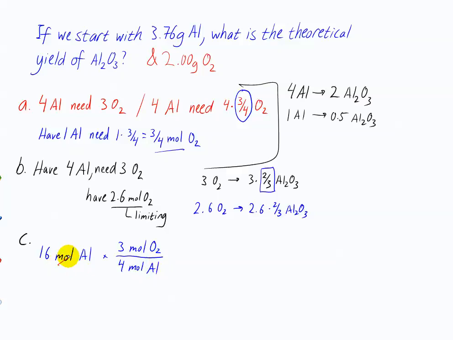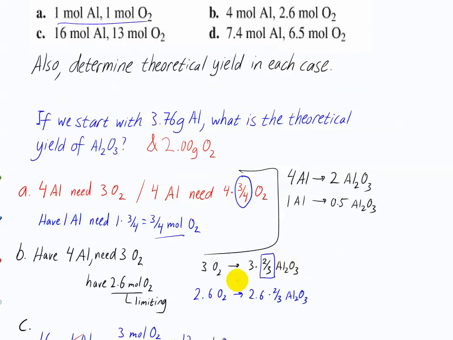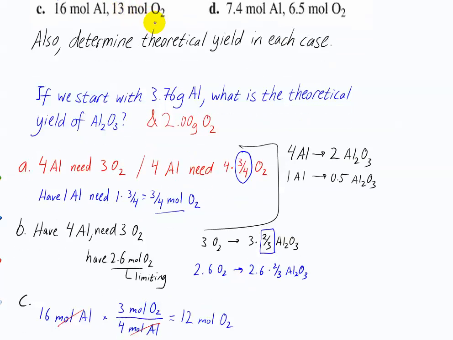That way the moles of aluminum cancel, and you're left with moles of oxygen that you need, which in this case is 12. Then you compare that to how much you actually have, which according to the problem is 13. And since you have less, or since you need less than you have, then aluminum must be the limiting reactant.